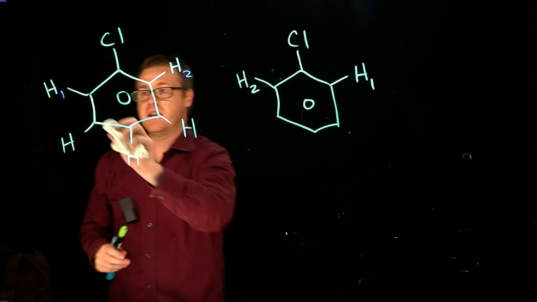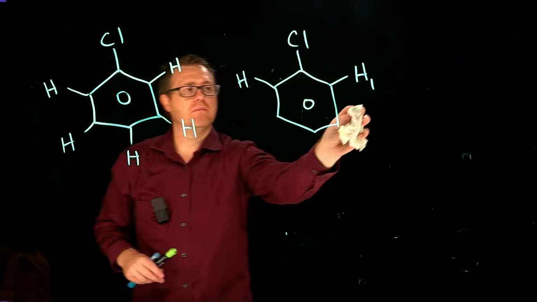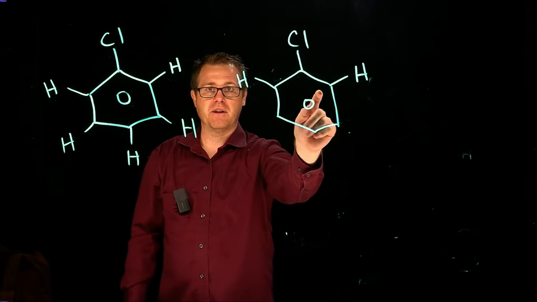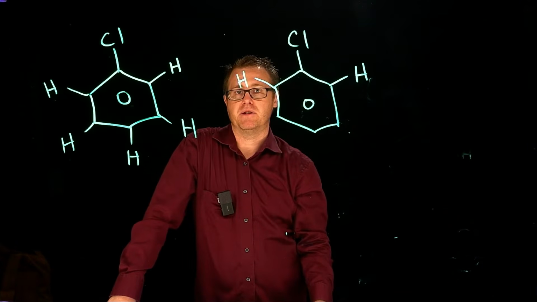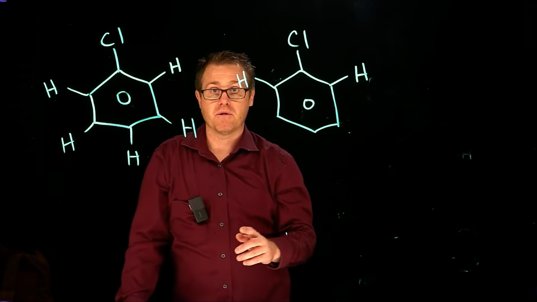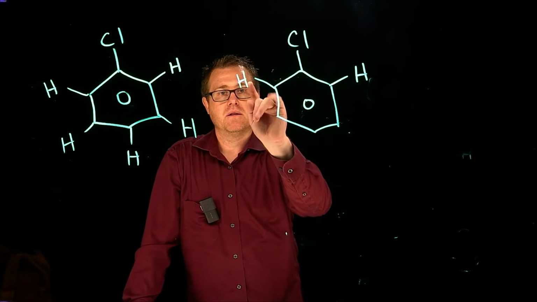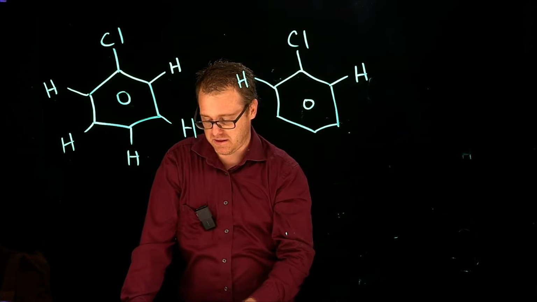If you did not have the numbers, would you be able to tell that I rotated it? You'd say no, I can't tell the difference between the two. And so when you have an axis of rotation, that means these two protons are homotopic and they're equivalent.